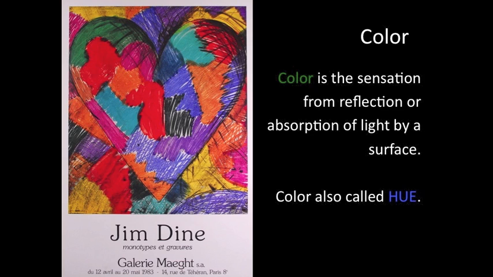Our third element of art is actually color. Color is the sensation from the reflection or absorption of light by a surface. Sometimes color can also be called hue. There's different kinds of colors, and in this next slide we're going to be referencing the color wheel, which is very important to designers.